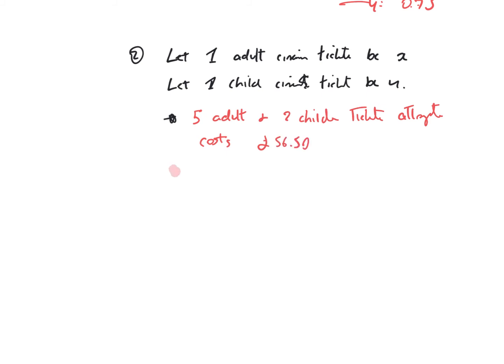Okay, second scenario. Three adult and 7 children tickets altogether costs £60.